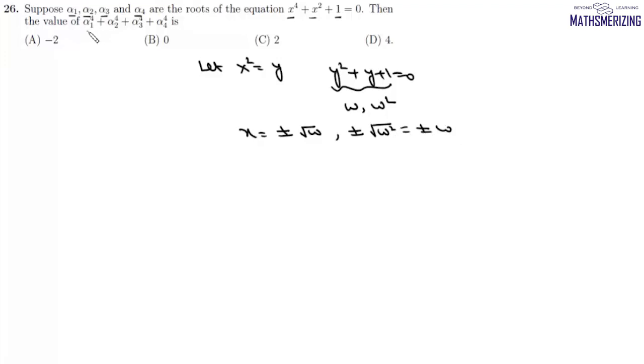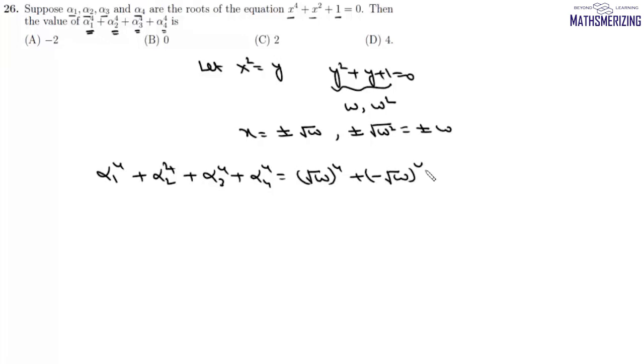Now we need to find the value of alpha 1 to the power 4 plus alpha 2 to the power 4, alpha 3 to the power 4 and alpha 4 to the power 4. So alpha 1 to the power 4, alpha 2 to the power 4, alpha 3 to the power 4 and alpha 4 to the power 4 will be (under root omega) to the power 4, (minus under root omega) to the power 4, omega to the power 4 and (minus omega) to the power 4.